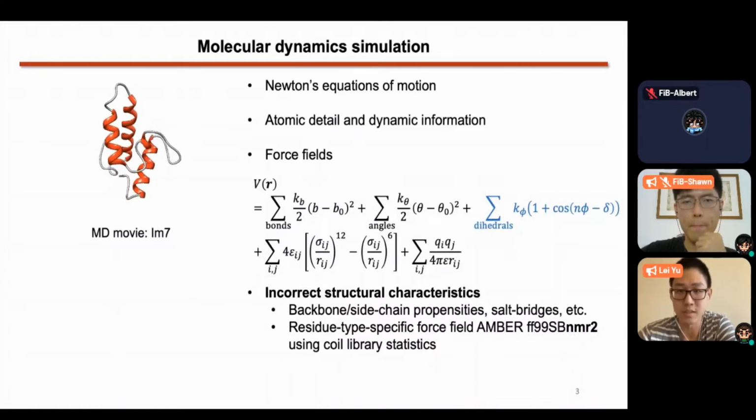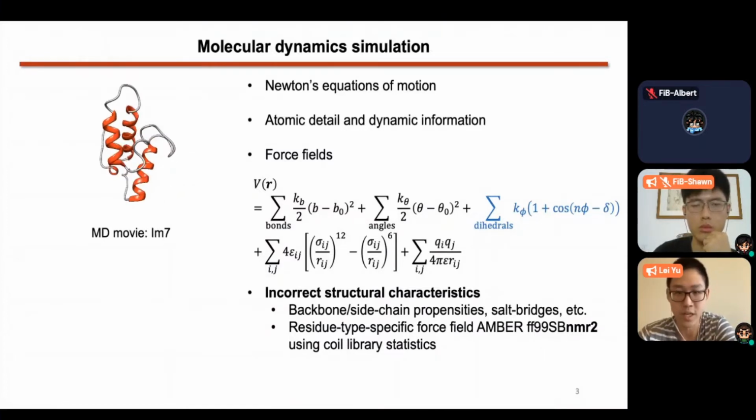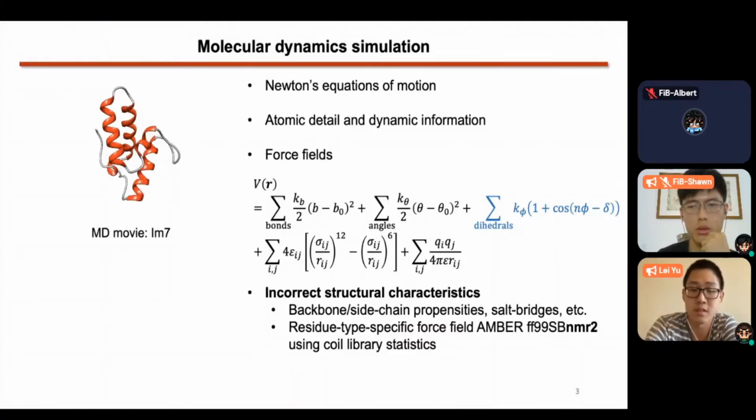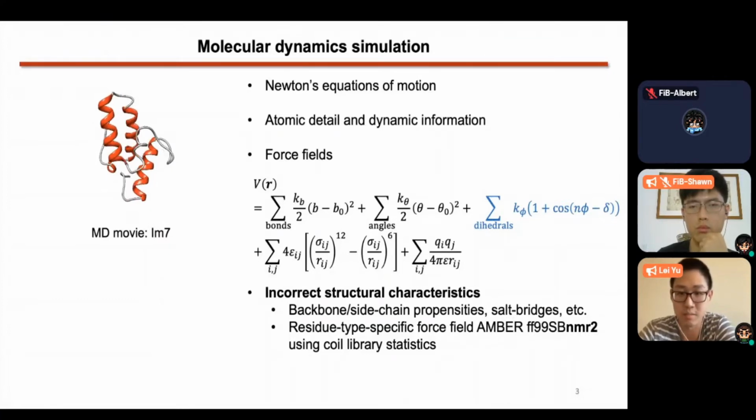It usually takes the form of an additive sum of different energy functions: bonds, angles, dihedrals. One difficulty in simulating IDPs using MD is that it sometimes gives you incorrect structural characteristics, such as the backbone secondary structure propensity, salt bridges, and so on.